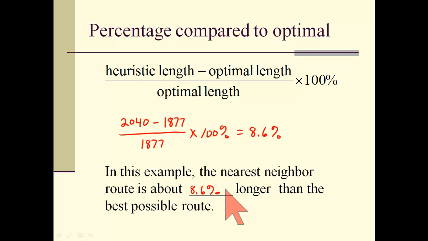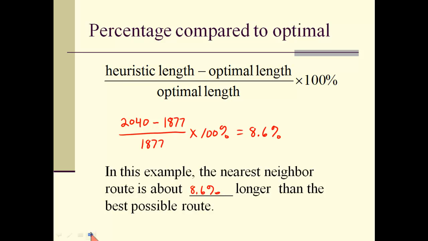If this route was 800% longer than the best possible route, then that's a real problem. But 8%, 9%, maybe that's not too much of a problem. And so sometimes a heuristic algorithm can miss the best solution but still be close enough that we'll be happy with the result.